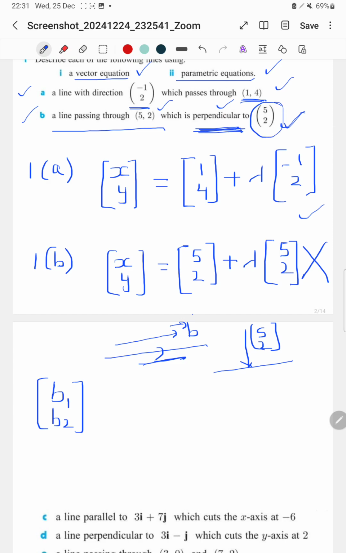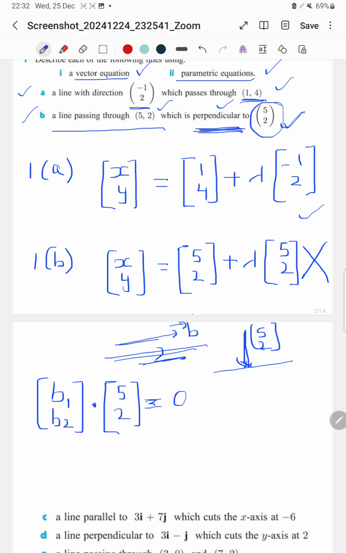So we know if two direction vectors are perpendicular to each other, the line's direction vector and the other perpendicular vector like 5, 2, then the dot product, or you can say their scalar product, would definitely be equal to 0.